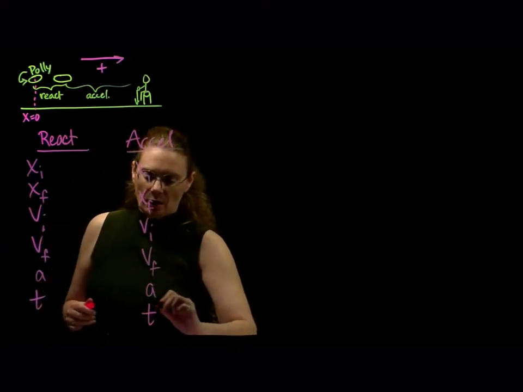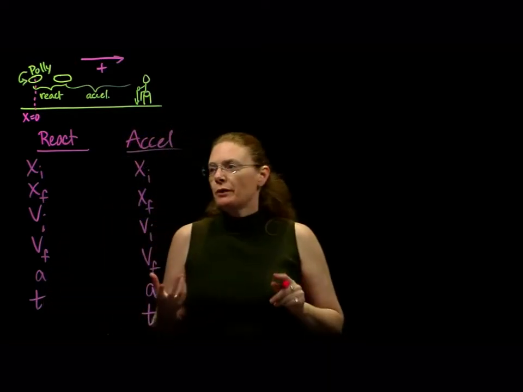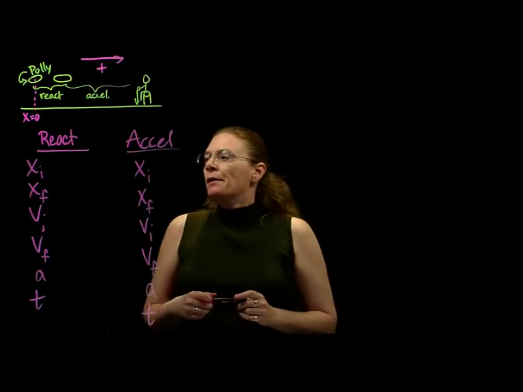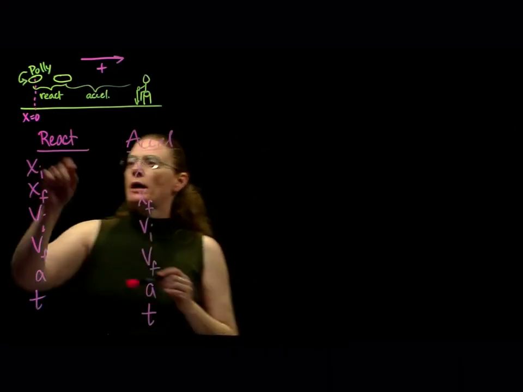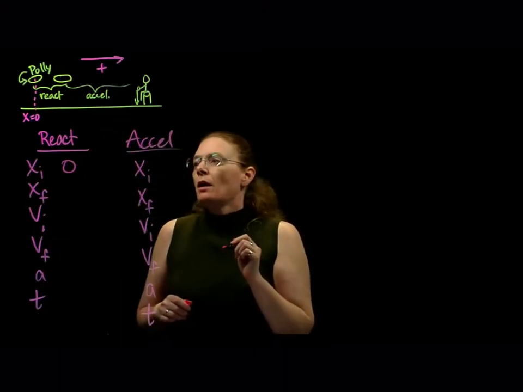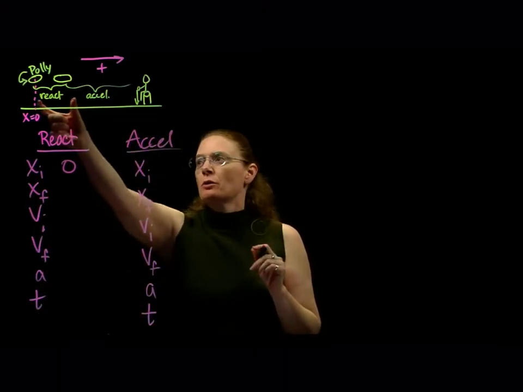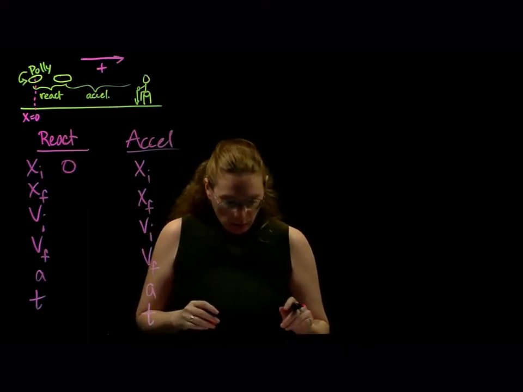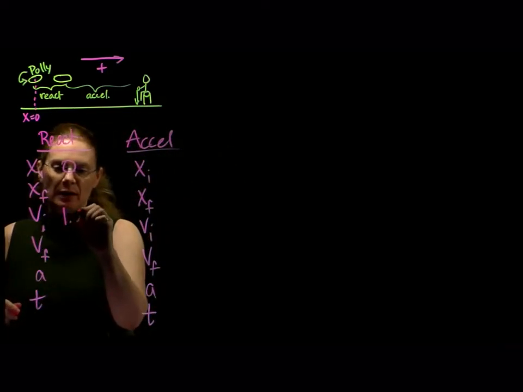Okay, so what do we know? What can we fill in about these 2 phases? Okay, we know x initial is 0 because I chose that as my origin. And we don't know how far she goes in the reaction time. We know she's starting at 1.5 meters per second.